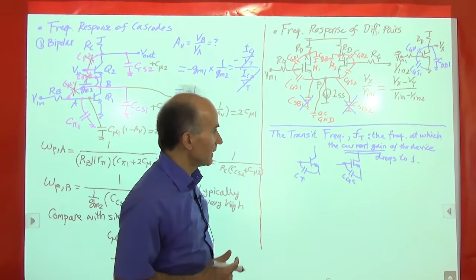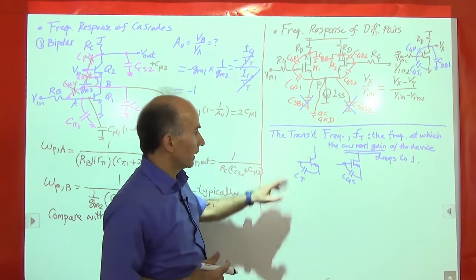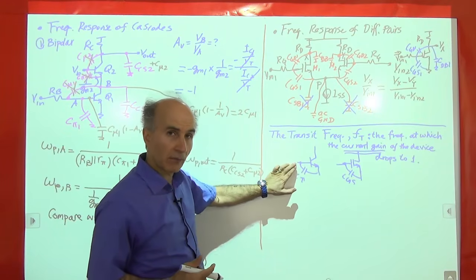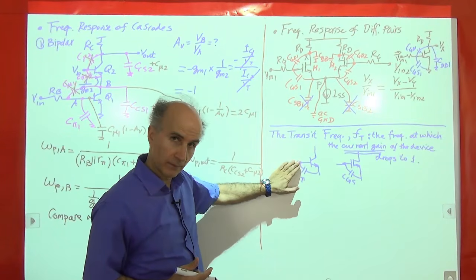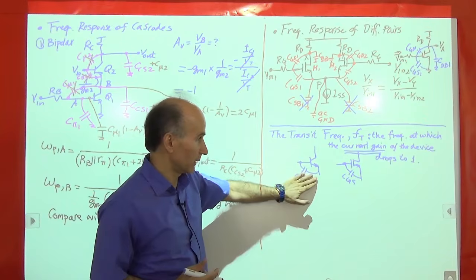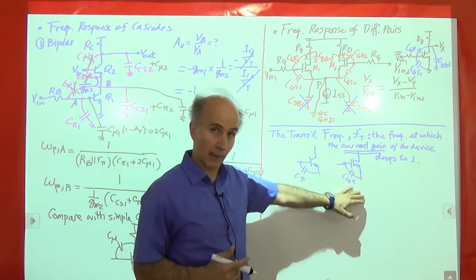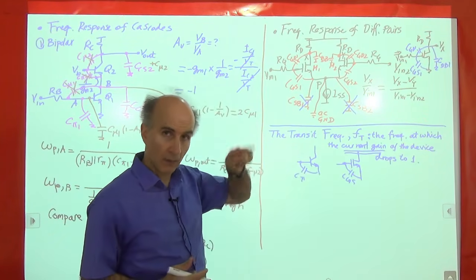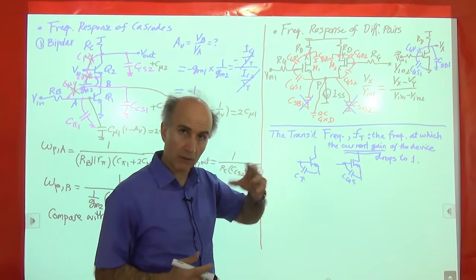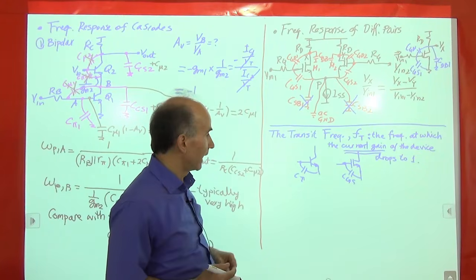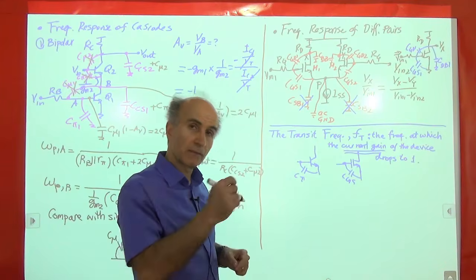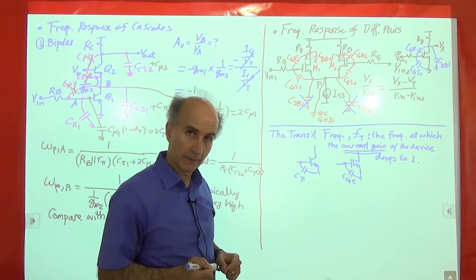So what this means is that I would like to apply an AC current to the input, to the base, while the emitter is grounded, or to the gate while the source is grounded. It's a sinusoidal current source, small in value, and I keep increasing the frequency of the sinusoid.